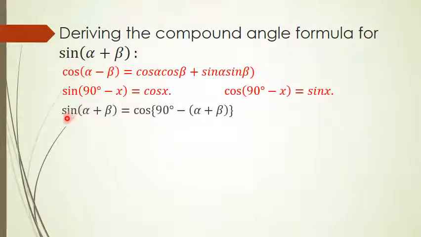Now, we start by rewriting sine alpha plus beta as cos 90 degrees minus alpha plus beta using coangles. Then removing the brackets here, we obtain 90 degrees minus alpha minus beta.